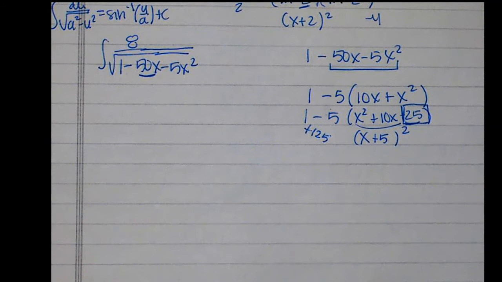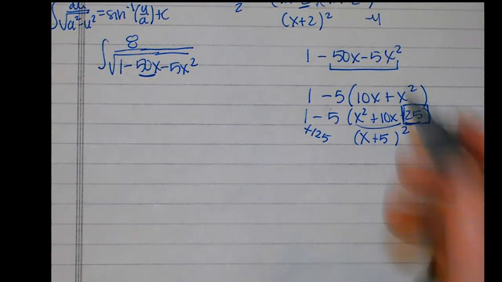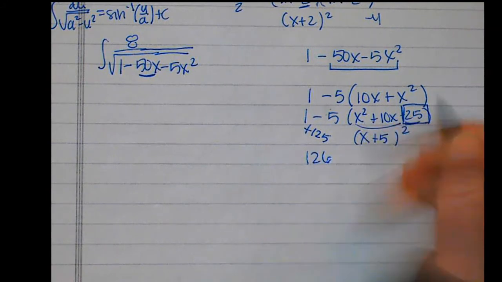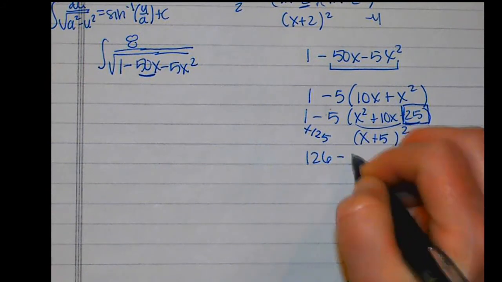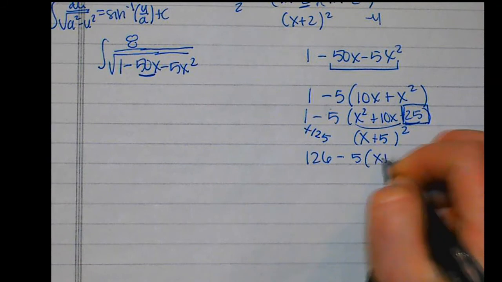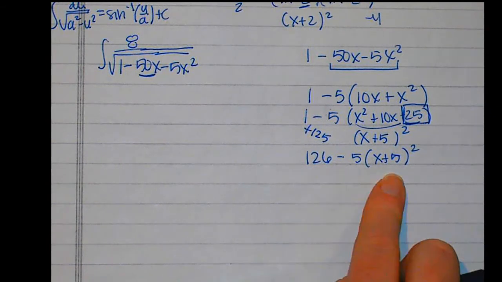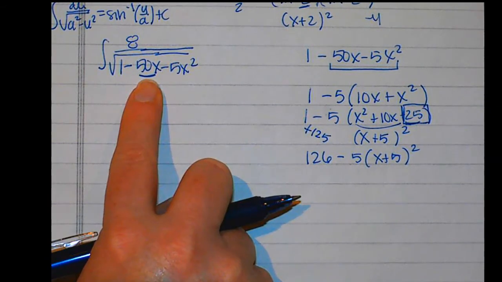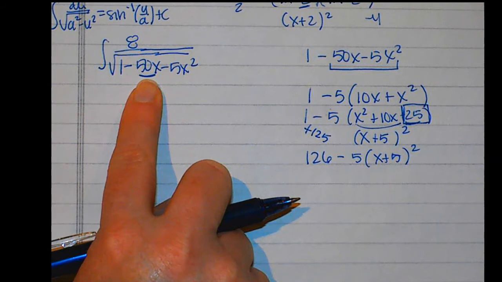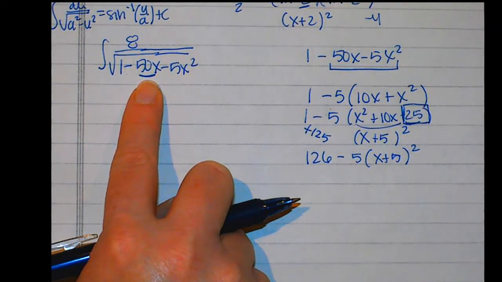So if you missed that in the video, because it really did happen really quickly, then we really have 126 minus 5 times x plus 5 squared. So now we have something minus something without the dude in the middle who messed us up. Yes.